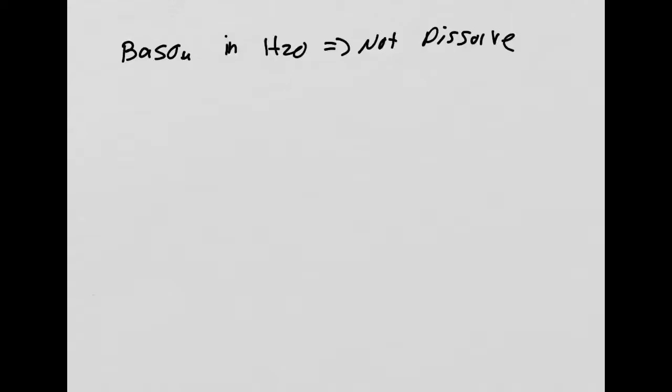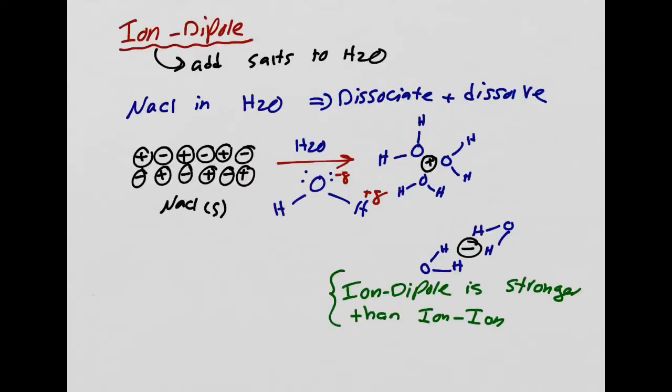It wouldn't dissolve because the ion-ion interaction in the barium sulfate is going to be stronger than ion dipole. The ion dipole is basically the interaction between water and these charges. Here, the ion dipole was pretty strong, that's why you could break it up.